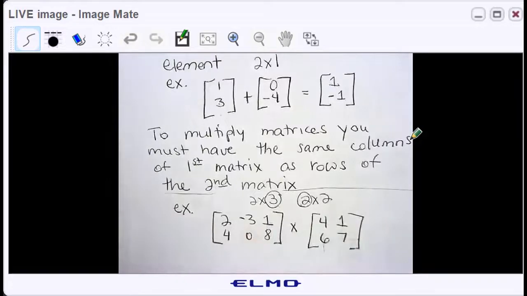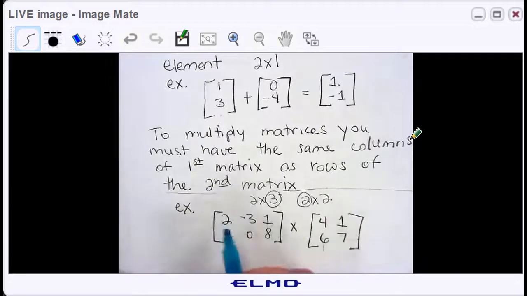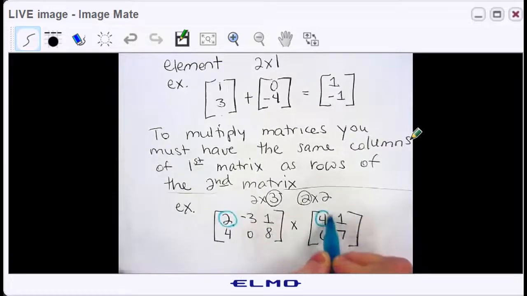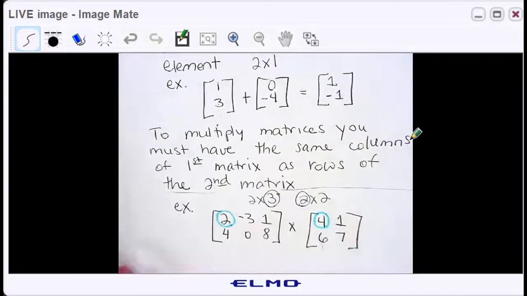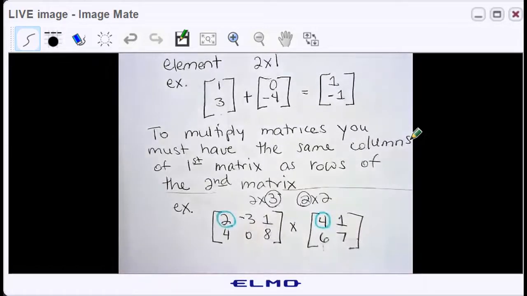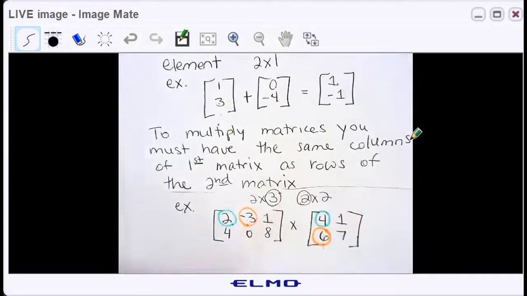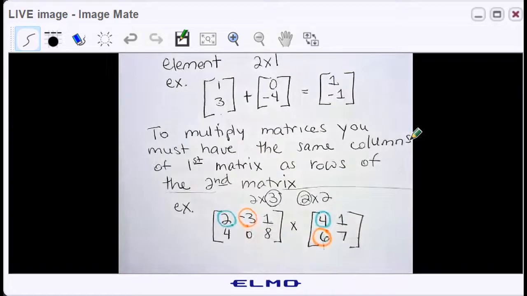And here's kind of what would happen. Remember from last week, if you're going to multiply these matrices, you take the first item in this row and match it with the first item in that column. That would get multiplied together, so that'd be 8. Then you're going to add that. When you move over to the next item, you're going to move down to this one. That would be added together with -18.